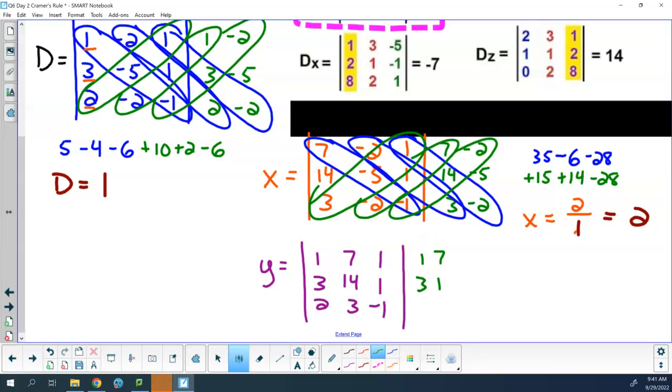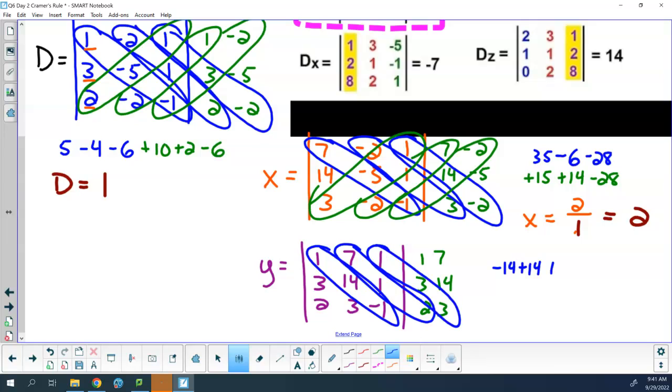7, 3, and 14, 2, and 3. So then we've got negative 14. We've got positive 14. We've got 9. Yeah, it's all in there. Then we've got minus 28.